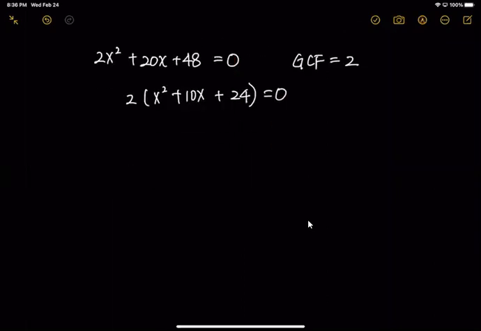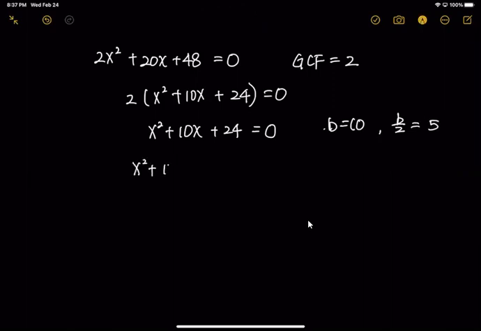Okay, so we have x squared plus 10x plus 24 equals 0. So now our b is equal to what? 10. So b over 2 is equal to 5. So that means I want to add 5 squared and then subtract 5 squared in the equation.